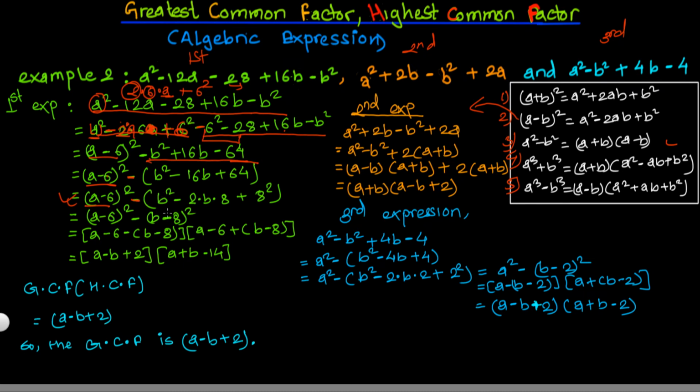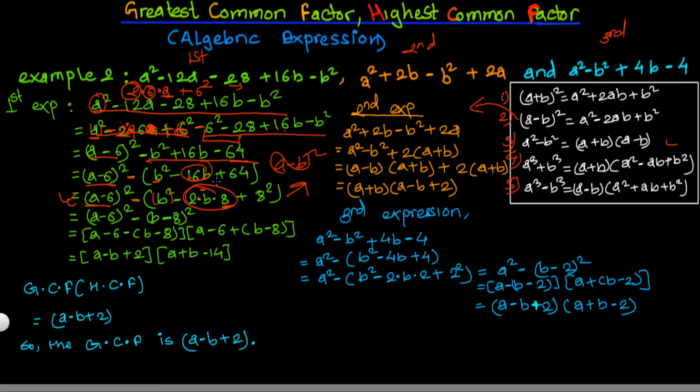Now over here I can again get the a minus b whole square form. In this case my a will be my b, so b square minus 2 times b times 8, because 2 times 8 is 16, so I can split 16b as 2 times b times 8.